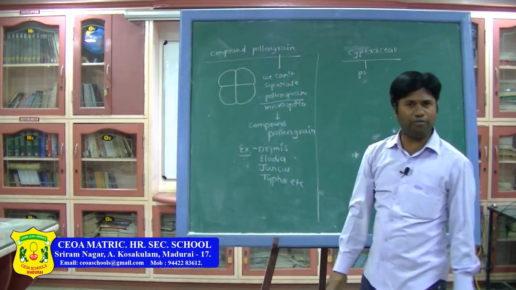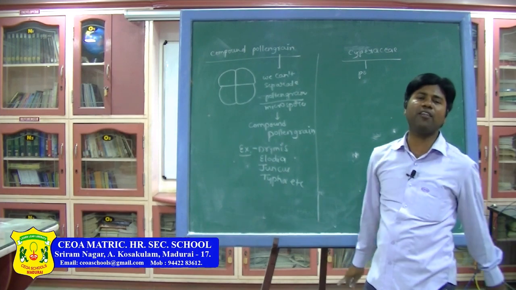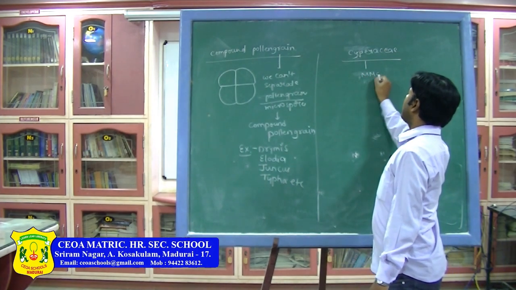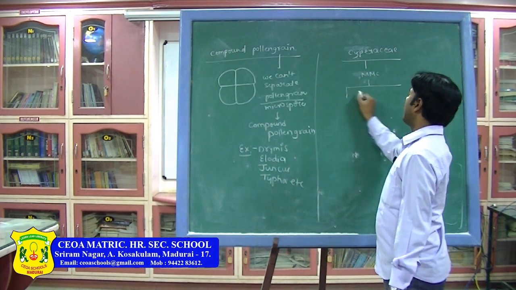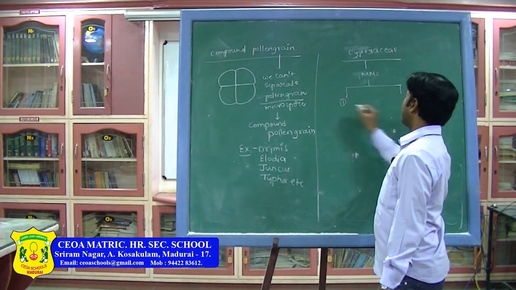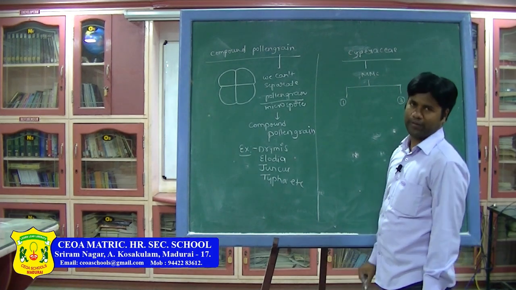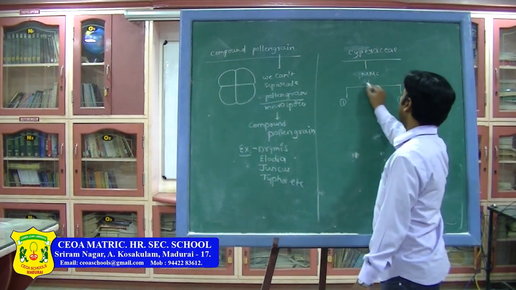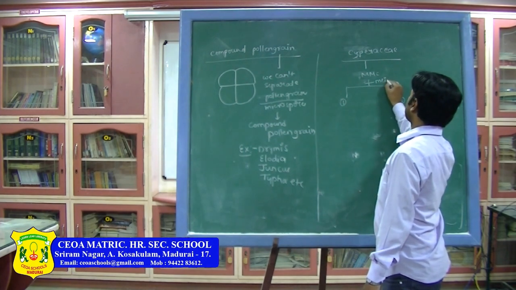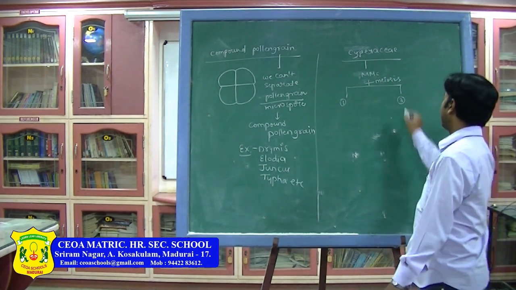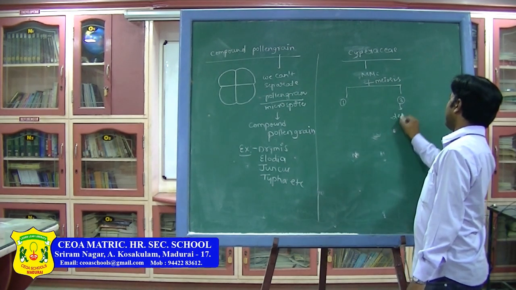From the MMC, as the meiosis takes place, 1 here, 3 here, both together 4 pollen grains will be formed after meiosis. Which family? Cyperaceae family. But these three will be degenerated.